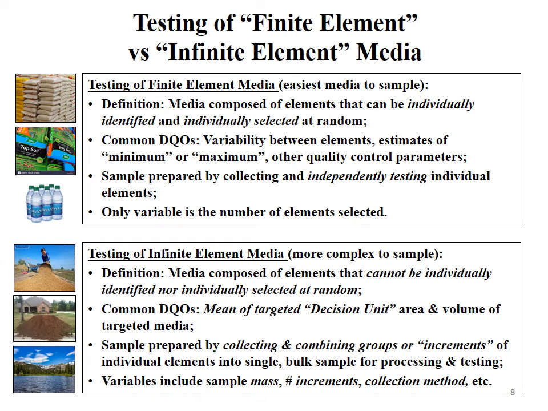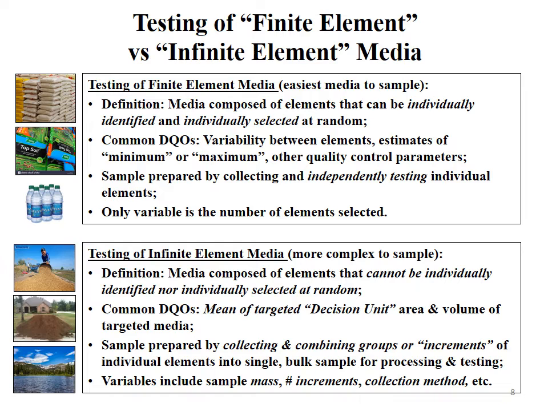So as I mentioned before, the testing of finite element media versus infinite element media are quite different. It's important to understand the differences. So for finite element media, some of the common data quality objectives or questions that we're asking in the investigation might include variability between individual elements, estimates of minimum or maximum concentrations, or other quality control parameters.